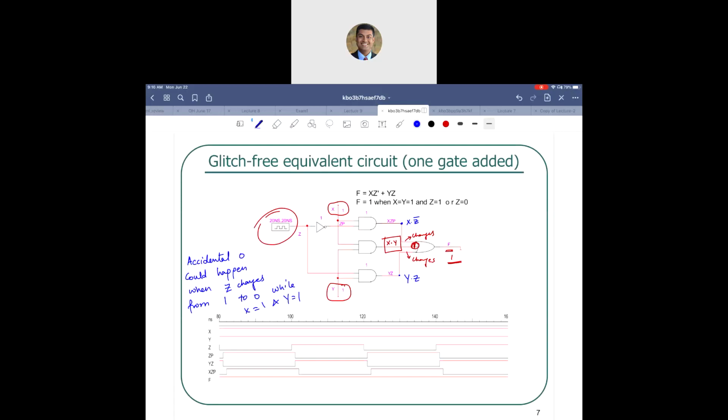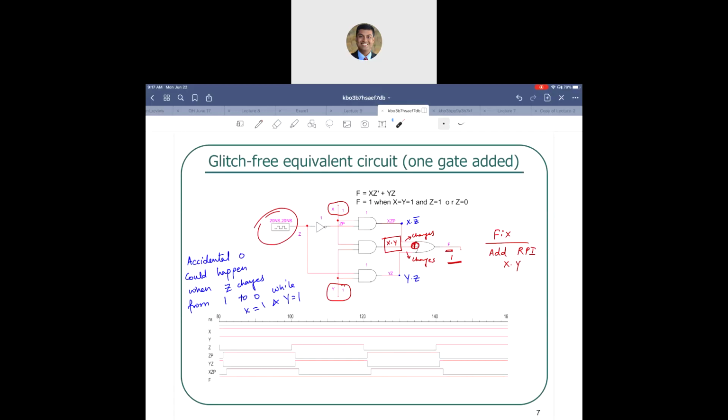And the fix is on this side. Fix is add RPI, x and y. So that is independent of z, and now even if z changes, you are done. You will be okay. So as you observed in F over here, no accidental 0.